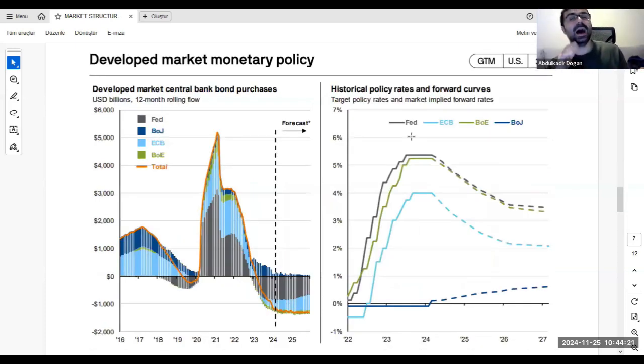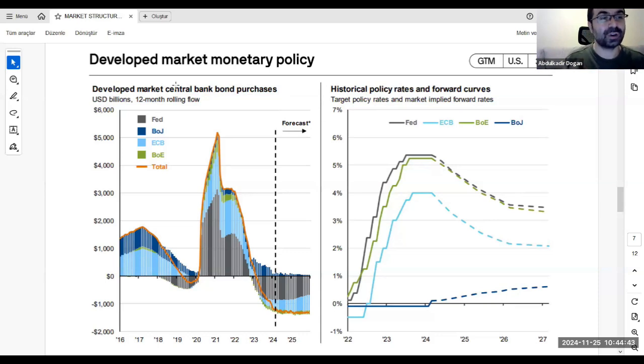And how are the bills and the bond market correlated with the developed market monetary policy? Please take a look at here. These are the bond purchases of the central banks. Okay, what I mentioned a few minutes ago, mortgage-backed securities and asset-backed securities in the market.